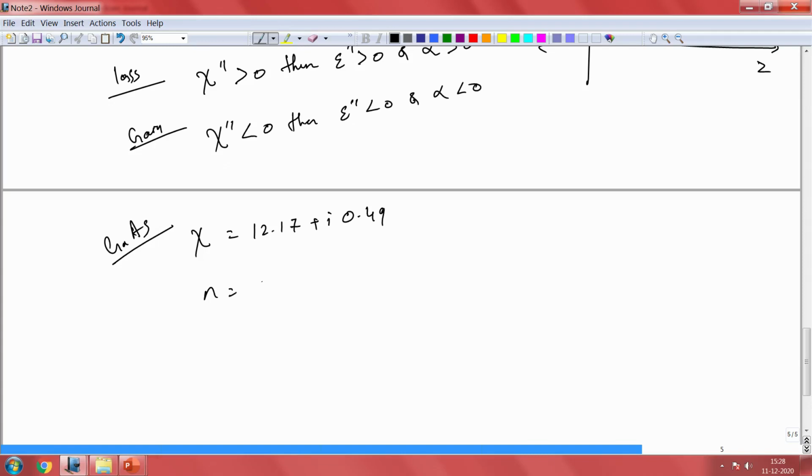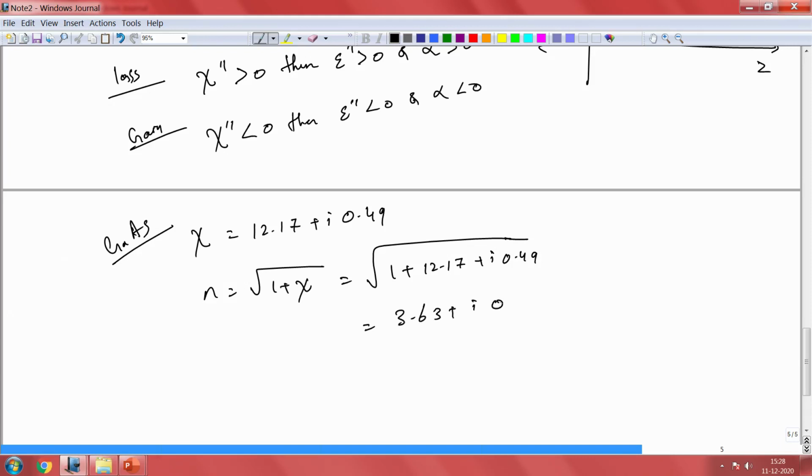So, n is given by the square root of 1 plus chi, and then it is represented by 1 plus 12.17 plus i 0.49. A simple operation, if you do, you will get the result.